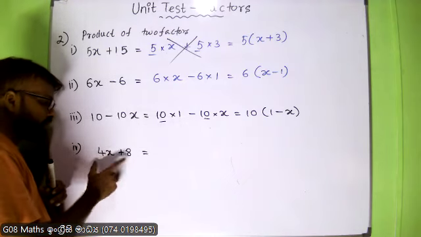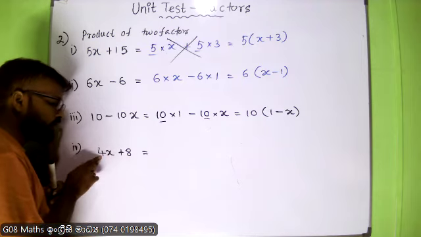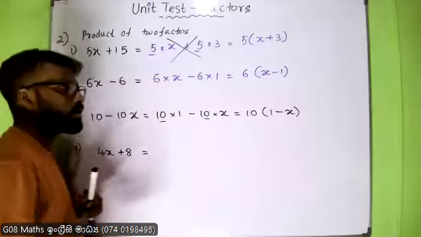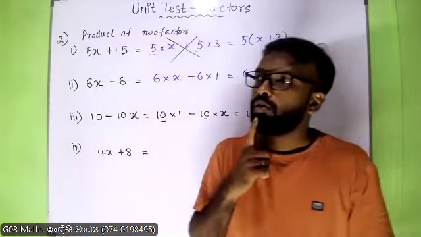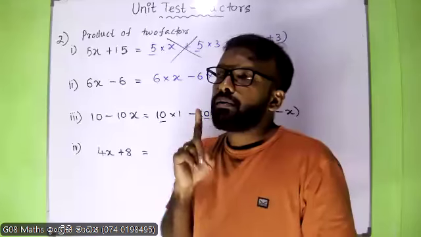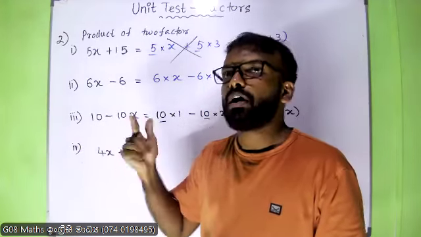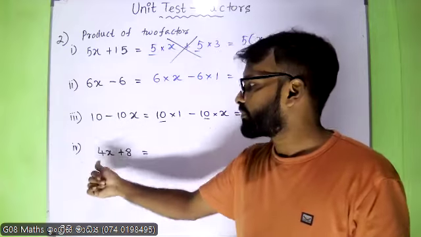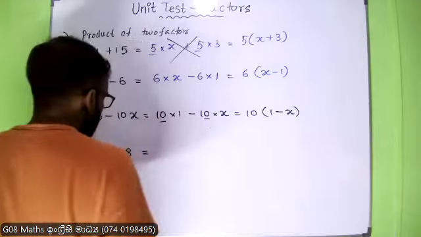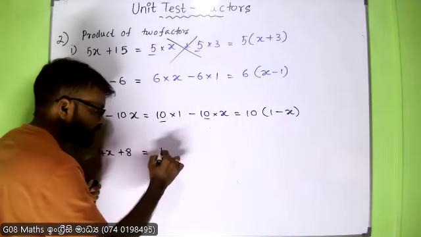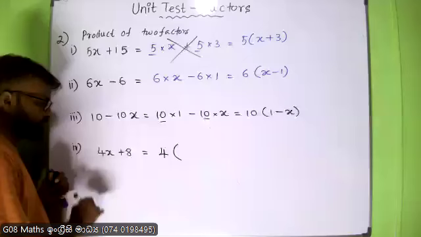Looking at the two terms, here you have 4 and here 8. 8 is a multiple of 4, so I use the common factor 4 and take it out from the bracket.